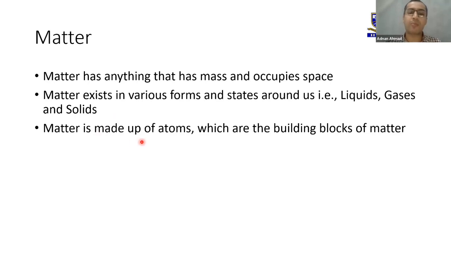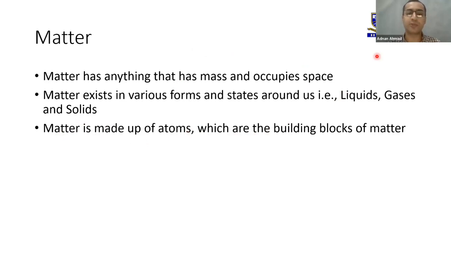Matter is made up of atoms. This point is very, very important and fundamental to the concept of science, that everything is made up of atoms. You and I are made up of atoms, right? Atoms are the building blocks of matter.